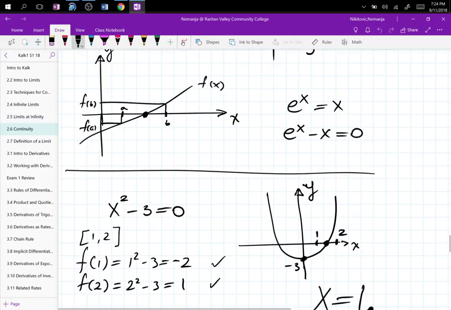I came up with the equation x squared minus 3 is equal to 0. We know the answer is the square root of 3, but we don't know exactly how much that is in decimal form. So what do we do? Well, I know that the answer is between 1 and 2, because the square root of 3 must be between 1 and 2.